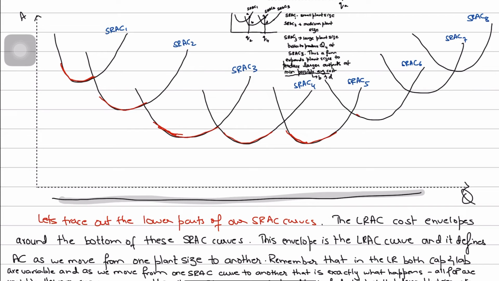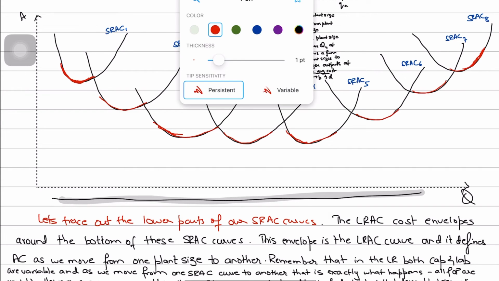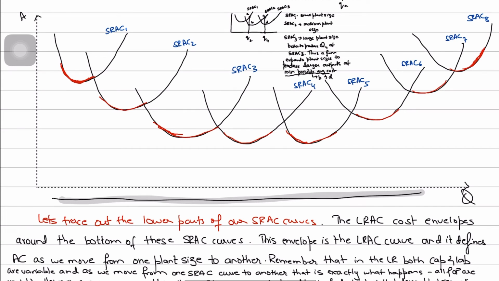So essentially what's happening here is that if we trace out the lowest parts of all the possible short run average cost curves and connect them, you can see that we have a long run average cost curve.